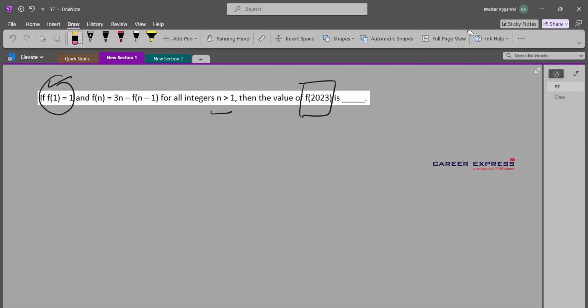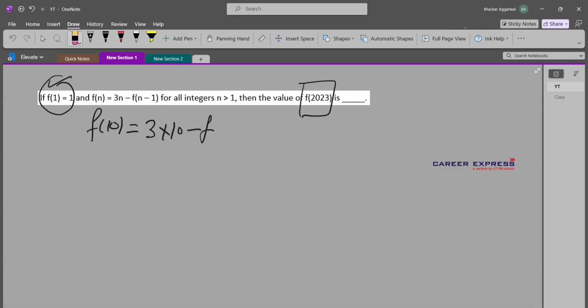So one observation that we should make before we start our solution is that the function is a decreasing or reducing function. Reducing in the sense that in order to find a value of the f function, you need to know the value of the function at a smaller value. For example, if you want to know the value of f10, then that will be 3 times 10 minus f10 minus 1.